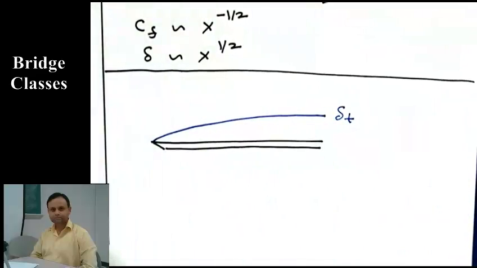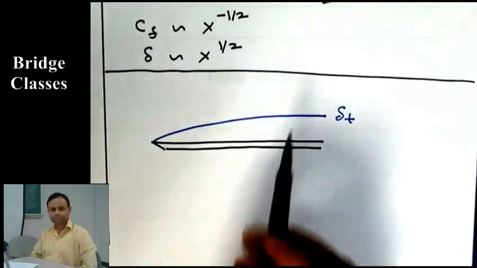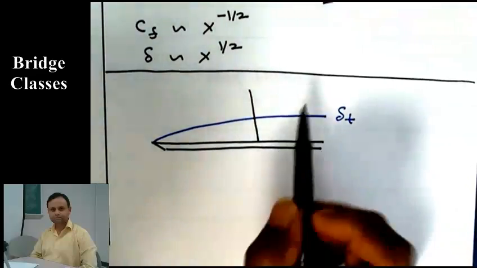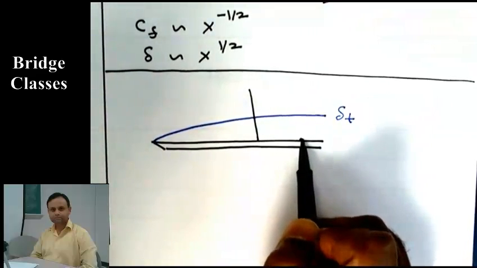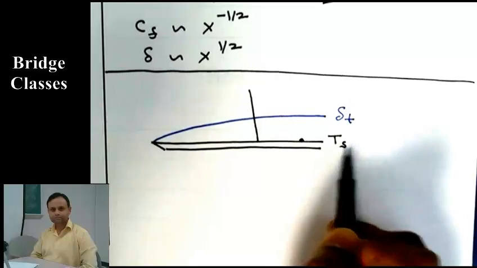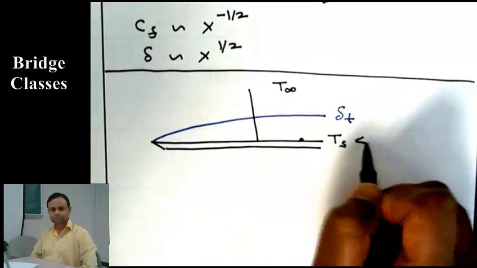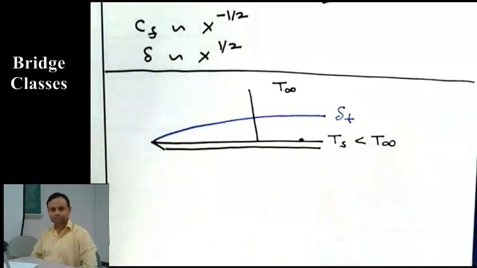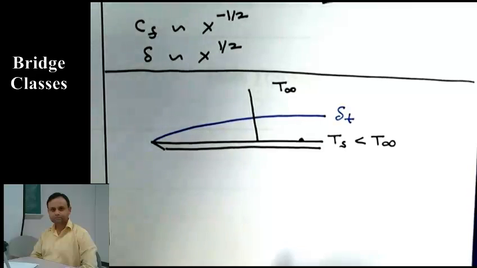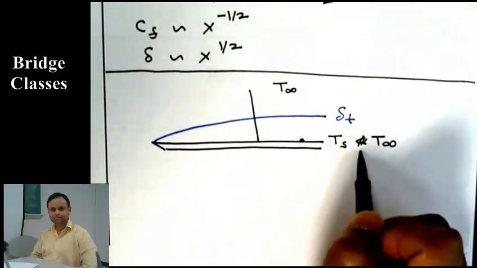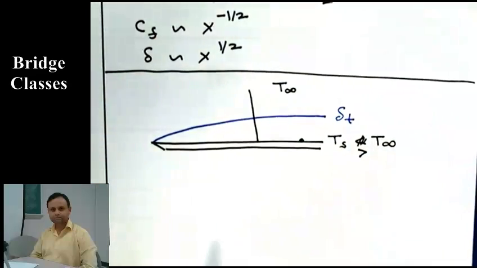This is not the velocity boundary layer, this is the thermal boundary layer, and at any location, say at this location x, I'm showing the temperature distribution like this. If temperature at the surface is Ts, temperature of free stream is T infinity, and say Ts is less than T infinity, or let me take it greater than T infinity. So let us say the surface temperature is greater than T infinity.